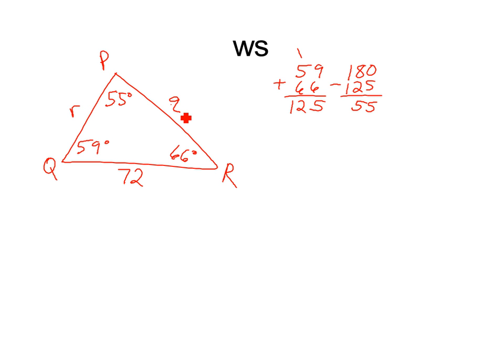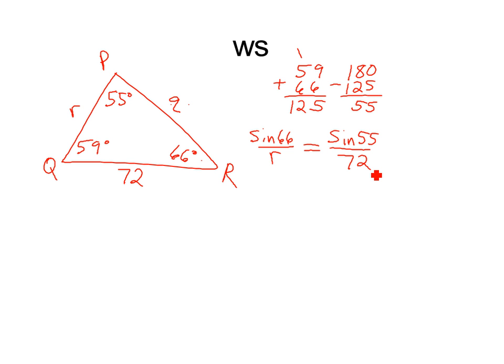It doesn't matter which one you find first, but we're going to use the law of sines to find both of them. We'll find little r first. Well, if we're finding little r, then we want the sine of angle R, which is 66, over little r. And for the other ones we pick, we don't want to pick the q because we don't know q. We don't want two variables in the same problem, so we probably want to pick the p's. So sine of 55, which is angle p, over little p, which is 72.